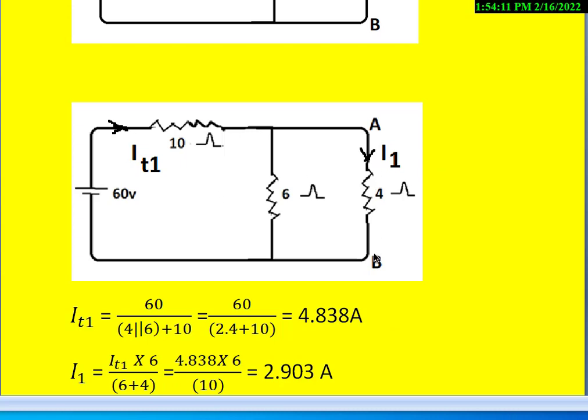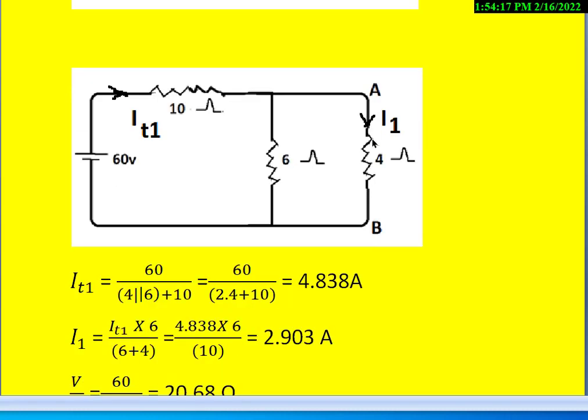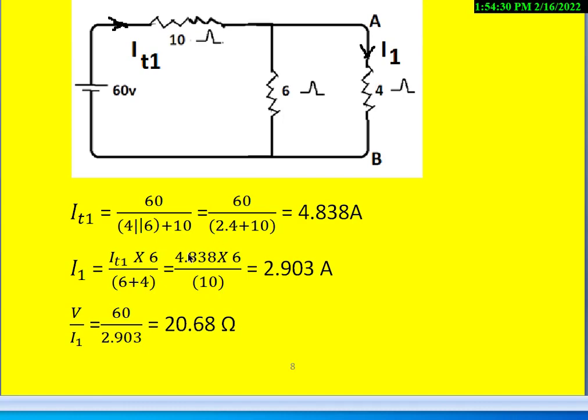But the current flowing in the AB terminals, we call that I1. Apply the current divider rule to get the I1. To get this I1, multiply this input current, that is total current supplied by the source, with the opposite arm of the 4 ohms. Opposite arm of the 4 ohms is 6 ohms.